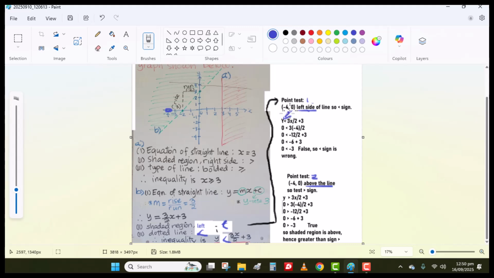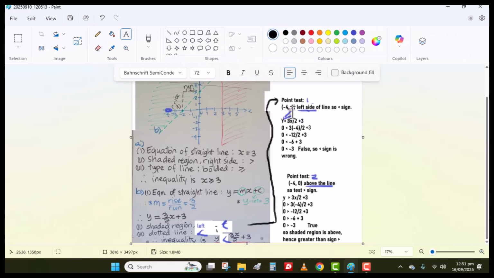So let's substitute 0 into y and negative 4 into x. Here we have 0 is less than 3 times negative 4, divided by 2, plus 3. So 3 times negative 4 is negative 12, divided by 2 is negative 6, and negative 6 plus 3 is negative 3.